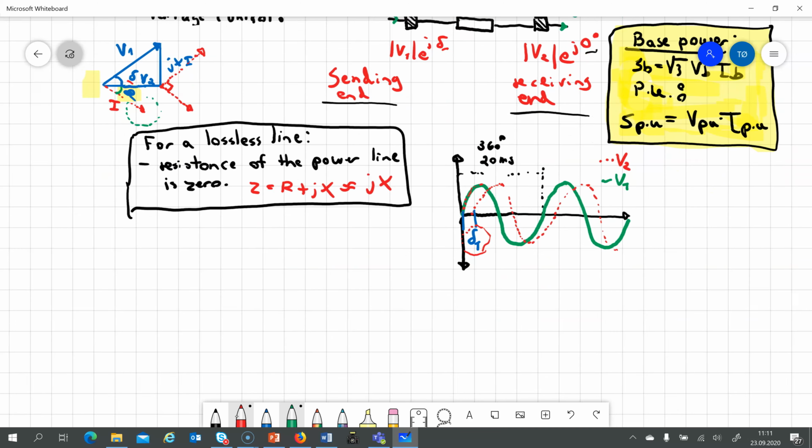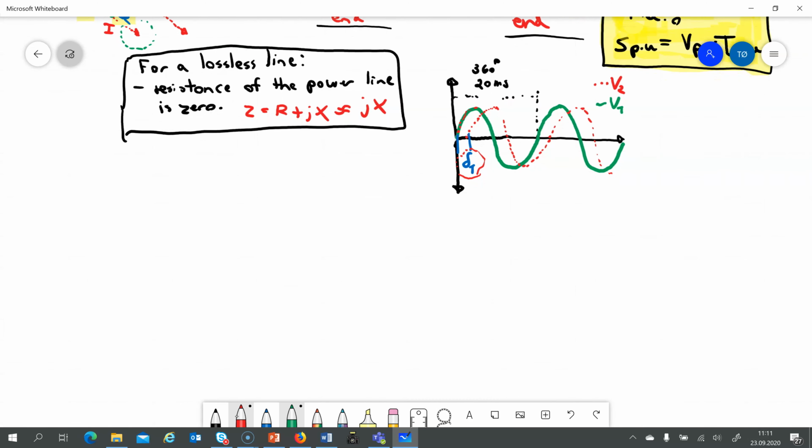For such a lossless line, we can make a very simple equation, and this is something you probably have done before. We can write V1 times V2 over X times sine delta, the angle difference, like this.